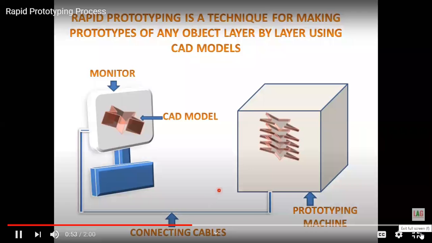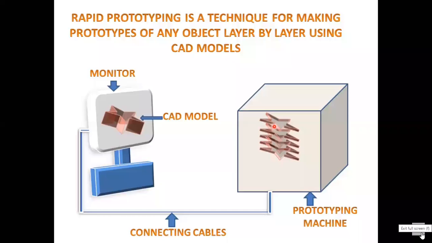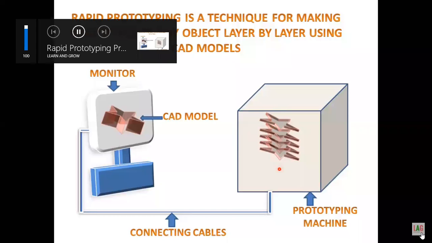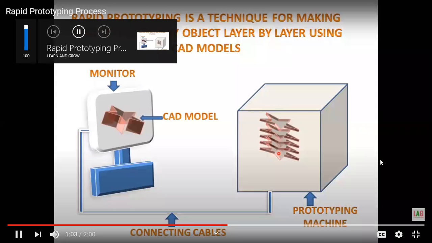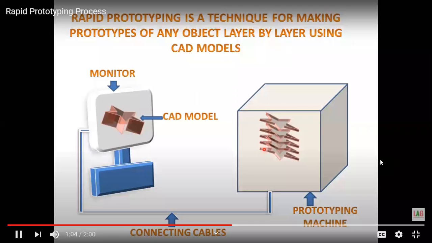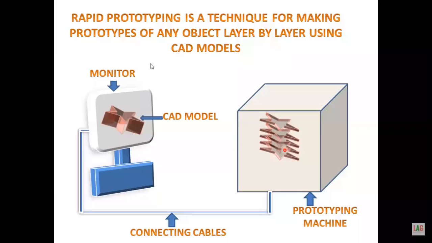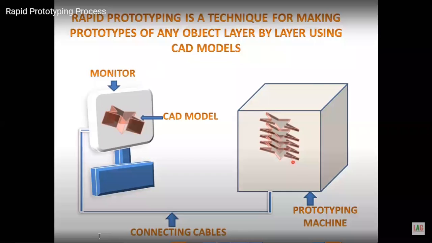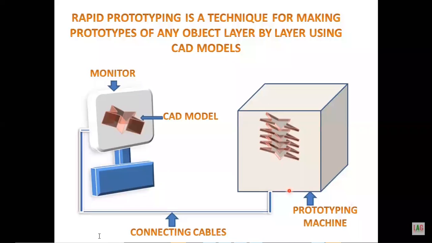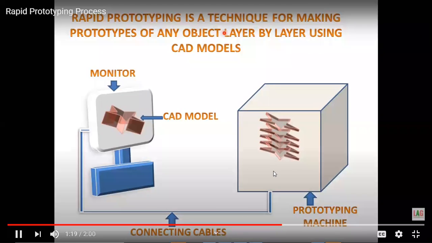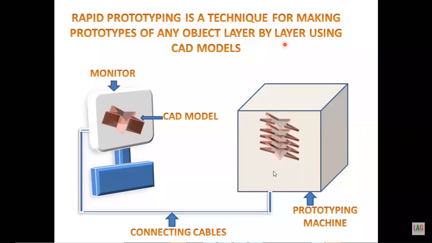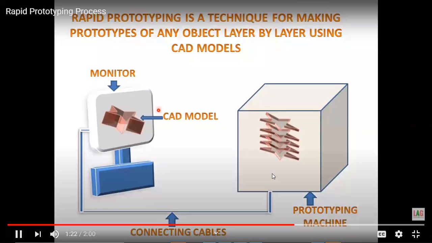There is layer by layer manufacturing of the CAD model. This machine makes the first layer, second layer, third layer of the CAD model, and by layering, the final product will be made by this prototyping machine. So in the rapid prototyping process, we will make any object layer by layer using a CAD model.